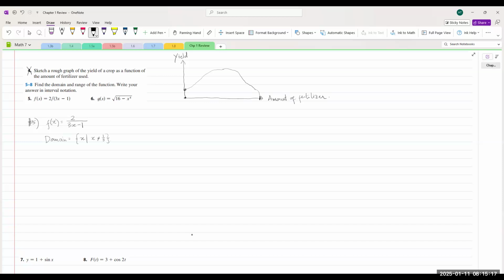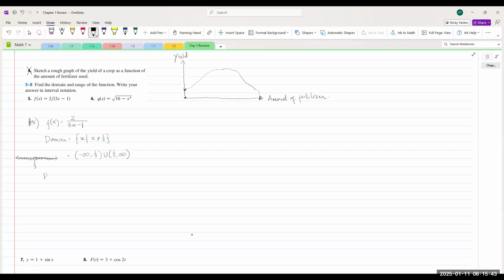But they want us to write it in interval notation. So the interval notation will be negative infinity up to 1/3, not including 1/3, union 1/3 to infinity.